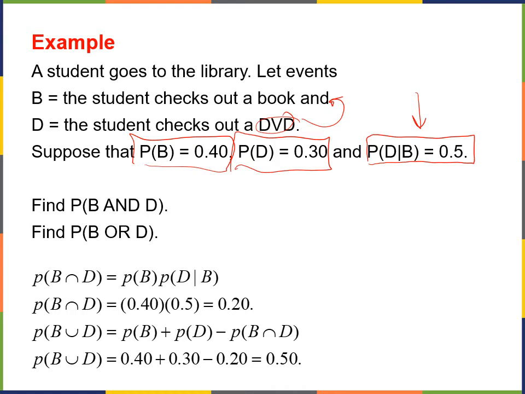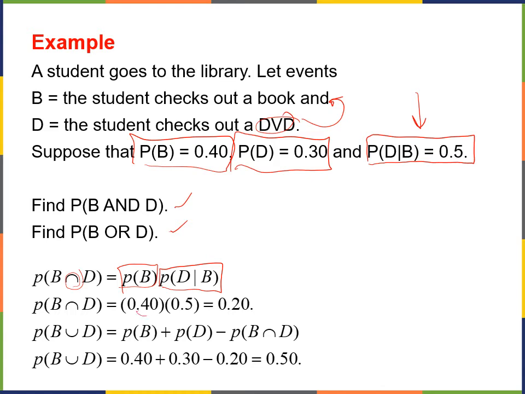So I want to find the probability of B and D and the probability of B or D. Again, I just want you to get used to the formula-based approach to this. So the probability of B and D, this is your and symbol. This would be the formula we use, the probability of B times the probability of D given B occurred.